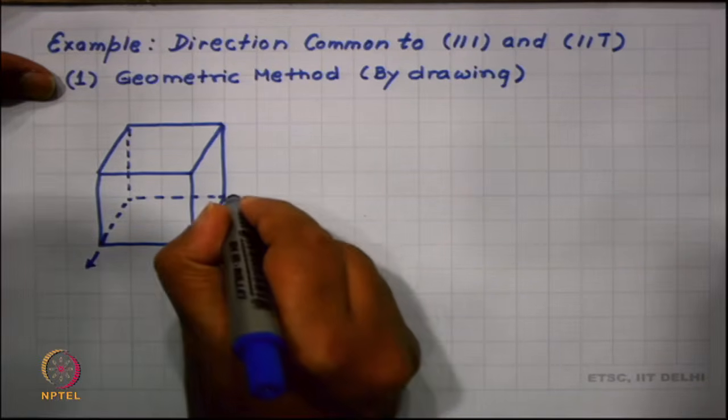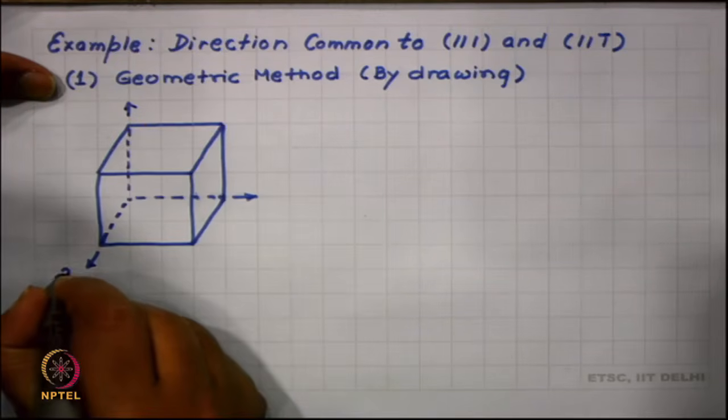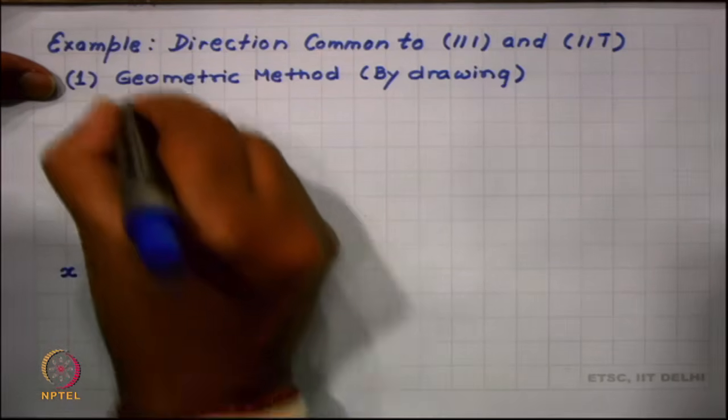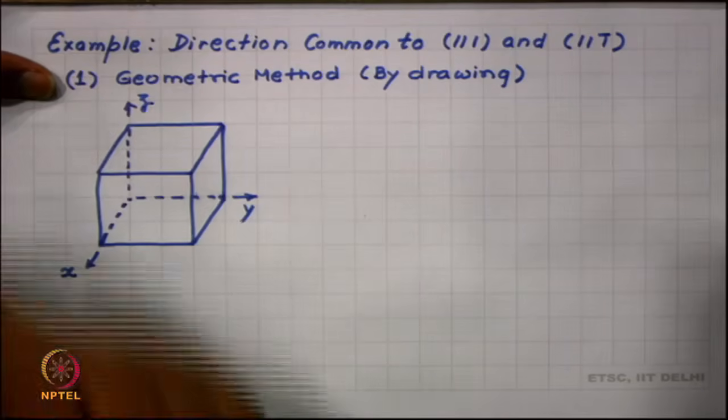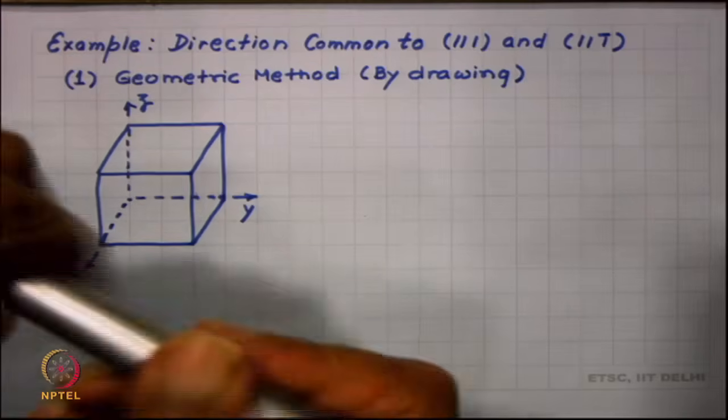Let us choose our axis convention. So, I am calling this x, this y and this z. With this I am now ready to draw my first plane, the 1 1 1 plane.